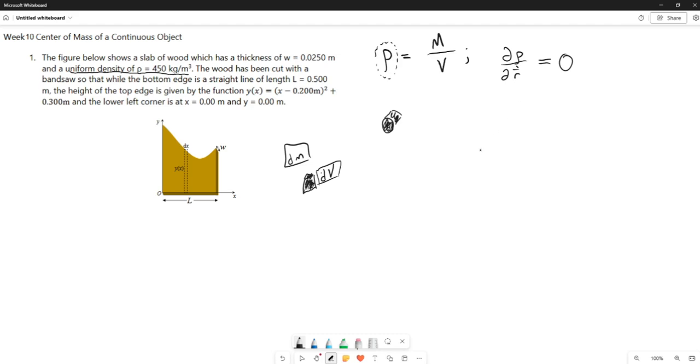So if I measured the infinitesimal mass within some infinitesimal volume element within the object, that ratio will always be the same, and that ratio is mass density, which is constant. So if I pointed at any point within the larger volume, that number will always be the same, and so the derivative of it with respect to that coordinate would be equal to 0.